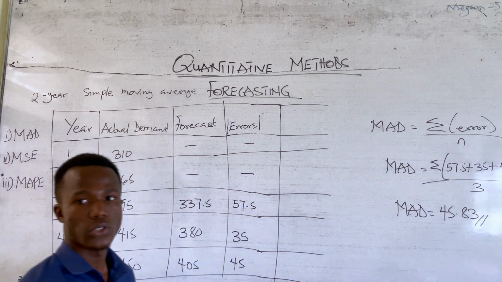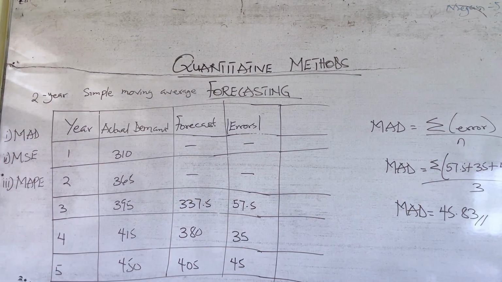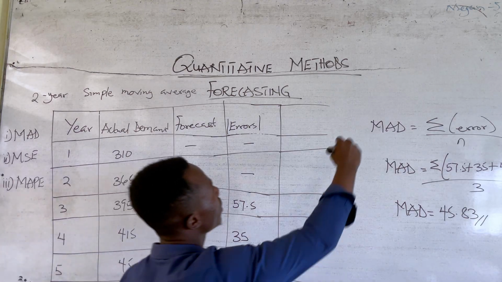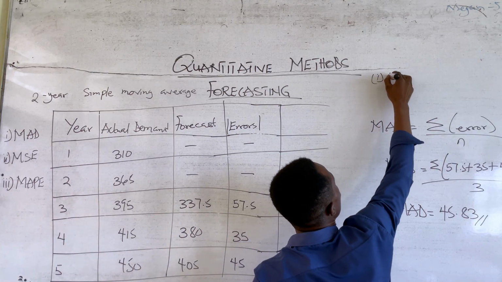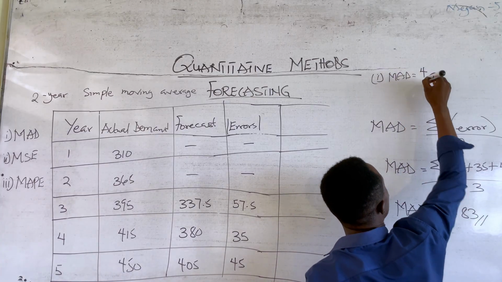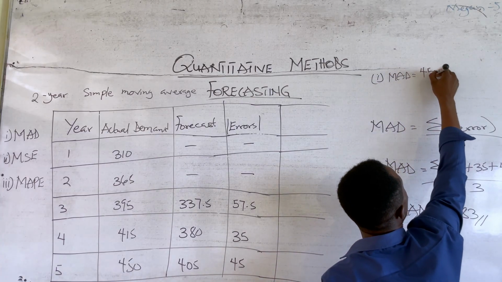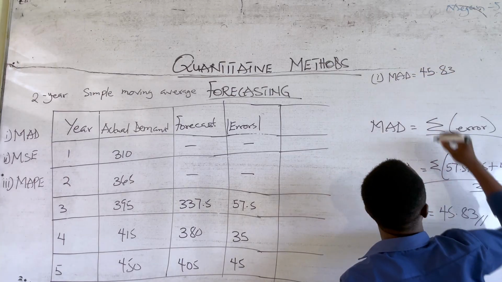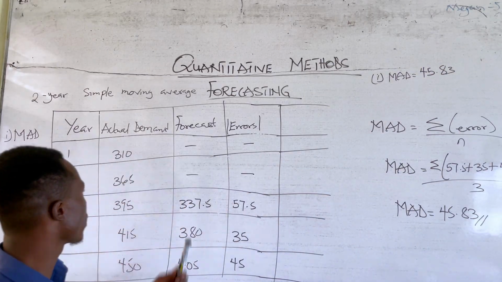Nice. So this is the answer for mean absolute deviation. That is 45.83. Let me write the answers here. So the mean absolute deviation is equal to 45.83. Okay, so we are done with the first question.